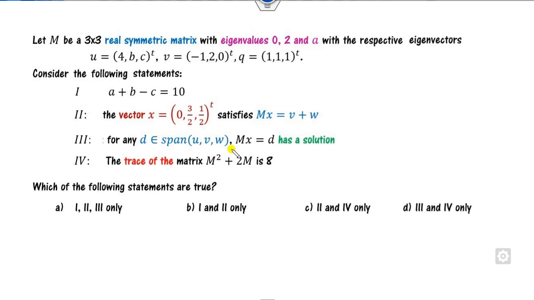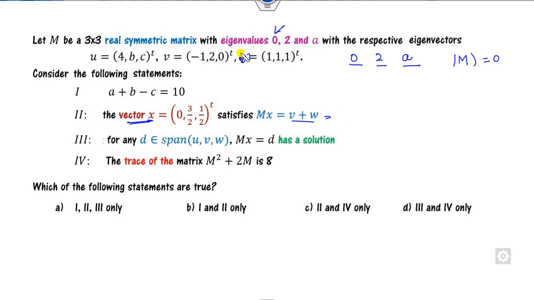Okay, so now that's a major question. If M is a 3 cross 3 matrix with eigenvalues 2, 0, 2, and 0 is an eigenvalue, it means the determinant of this M will be 0. Firstly we will check this portion. What is V plus W?